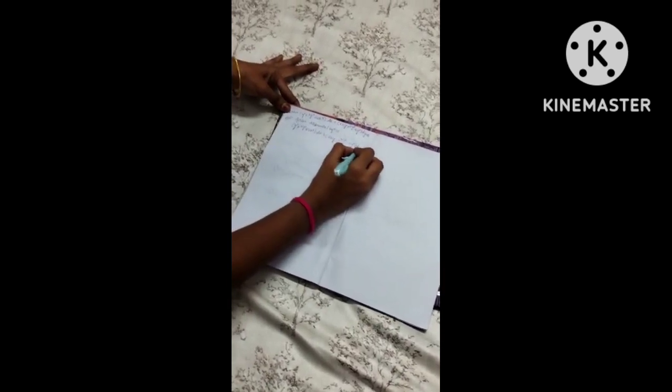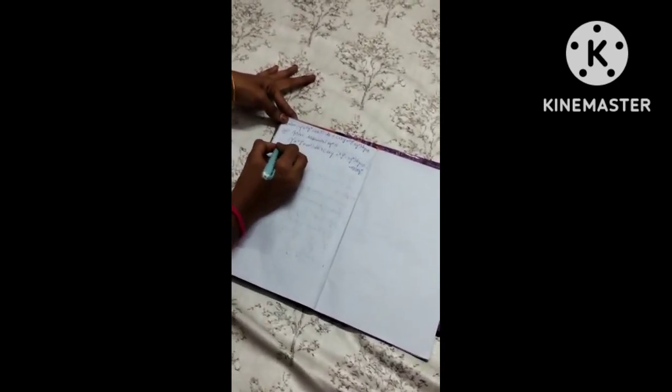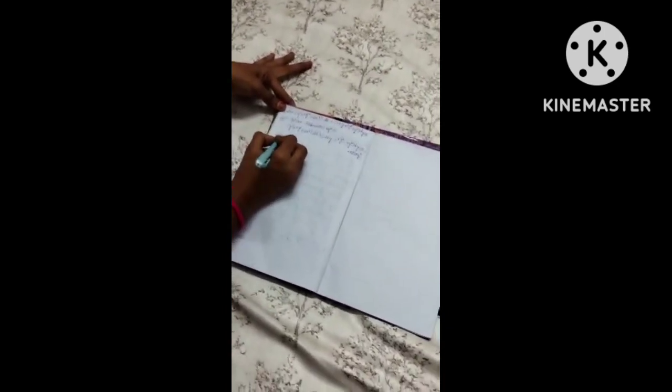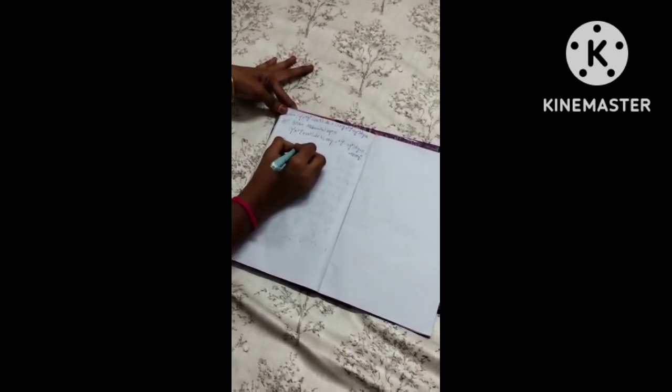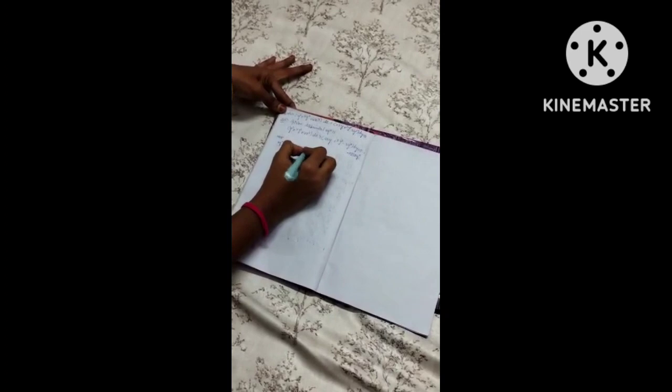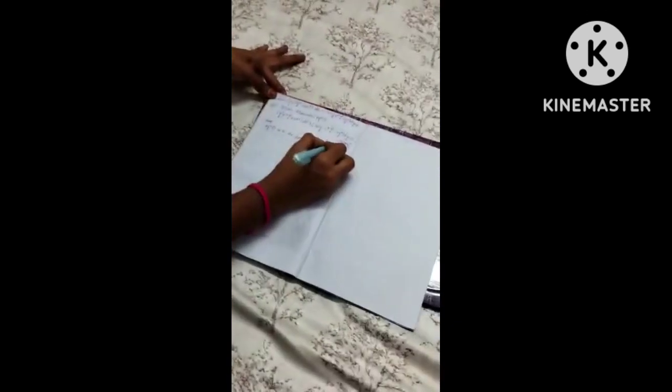This is the first equation that we should take. Here, equation 1 is in the form of M dx plus N dy is equal to 0.